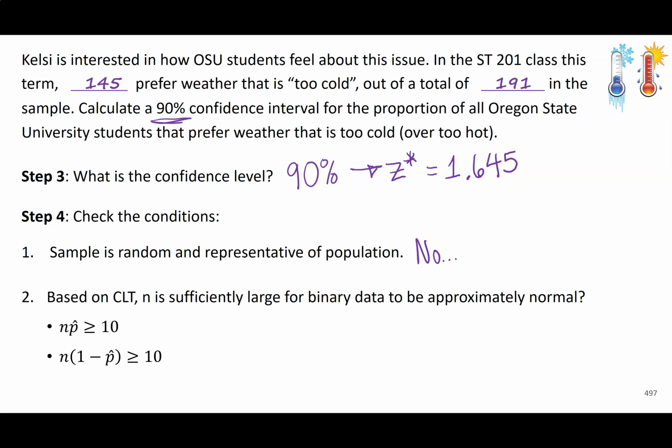So, no, watch out. The results may not apply to all OSU students. So we're still going to write everything up in terms of that population, but it's worth an asterisk at the end saying it may not actually apply to all OSU students.